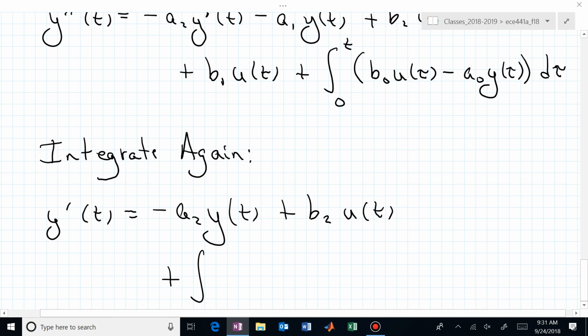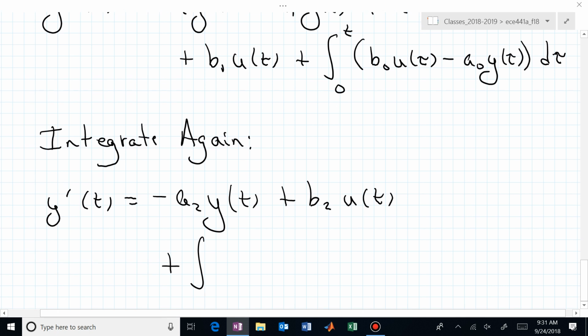I'm going to have to nest my integrations. That first integral that I had has to be inside the next integral. It has to be integrated twice.